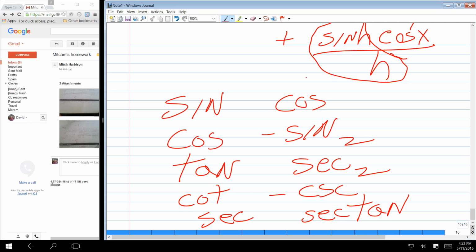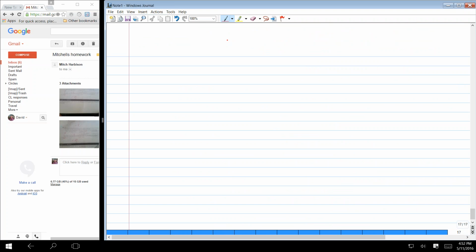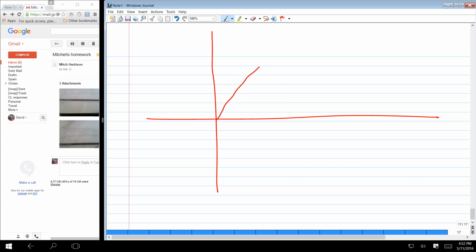But the official way somebody figured out that the derivative of the sine was the cosine was by doing it this harder way that I just took you through. But here's what it means. It's kind of a fascinating thing to think about. Here's the sine curve.